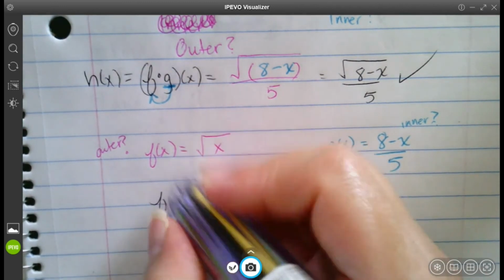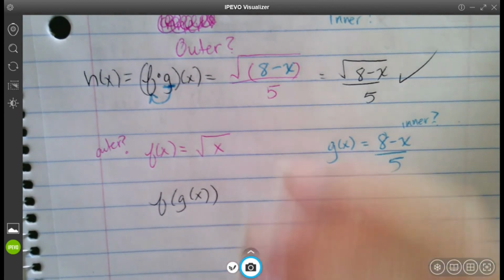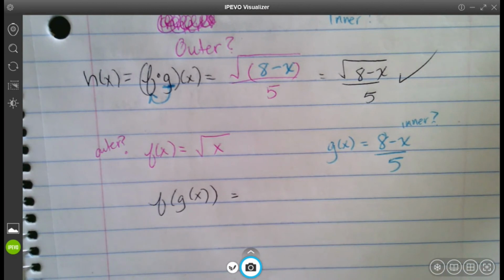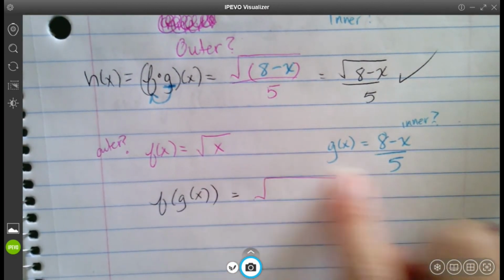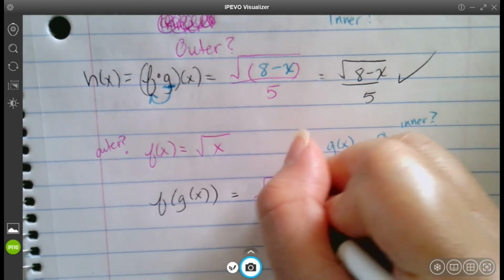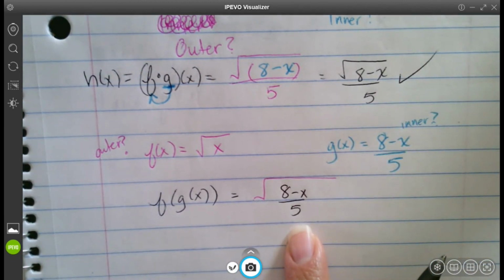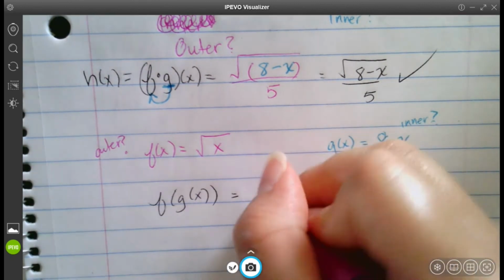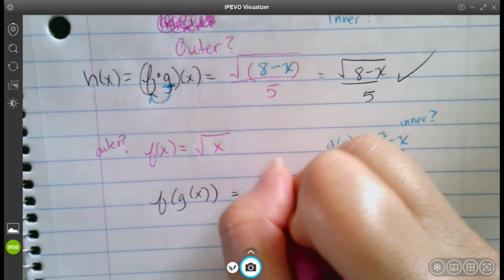We don't know, so we check. I'm going to write it in the other format this time. We copy our f function, the square root, and instead of x, I'm going to plug all this in: 8 minus x over 5. Now this kind of looks like what I had, but remember that all of this is inside the square root, so I'm going to have to extend my square root so it covers everything.